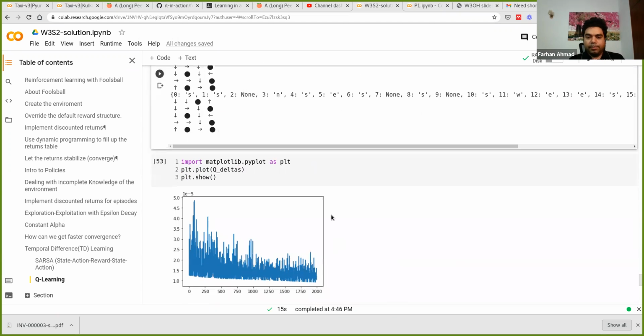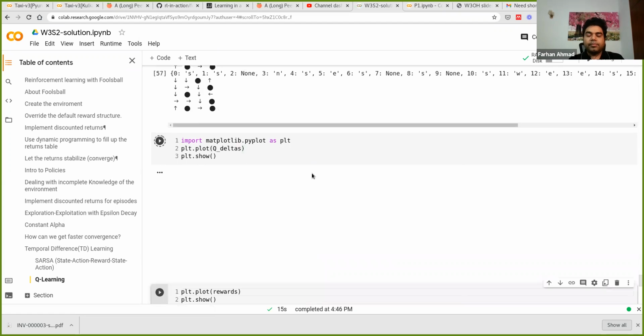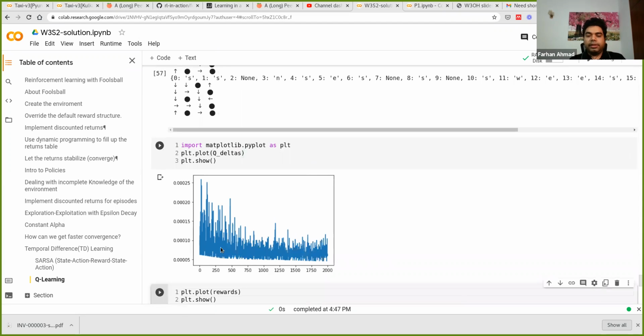Now I can plot my delta, right? So these are all the deltas. This is by how much the table has changed. These are very small numbers, and there is a lot of fluctuation going on as well, lots of spikes, but generally you can see that there seems to be a downward trend.